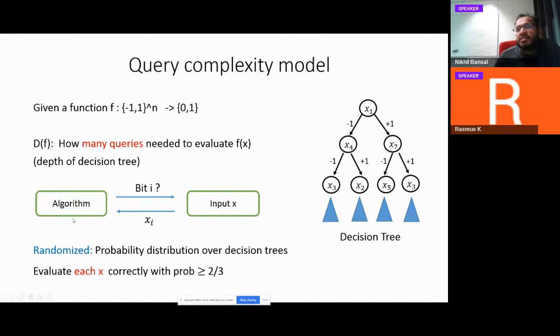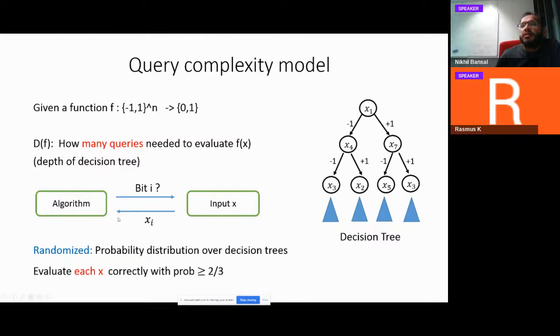The way we access this input is that our query algorithm each time gives a query to some black box, which says, what's bit number i, and we get back x_i. Then maybe based on the value of this x_i, it might ask another bit, and then it gets the input value on that bit, and so on. And at some point, we announce the value of f(x) on that input.